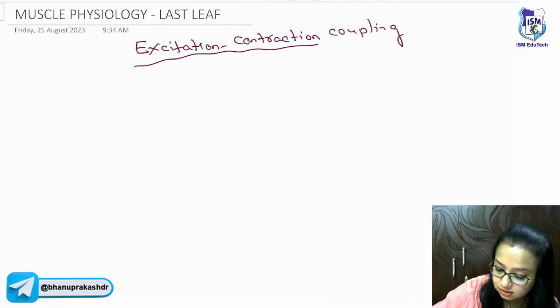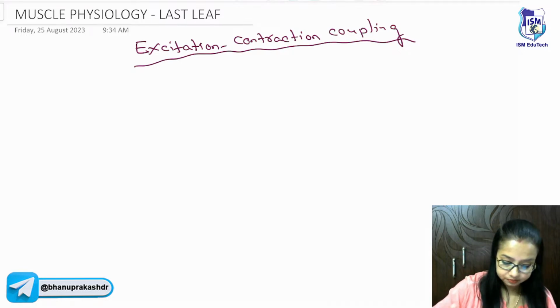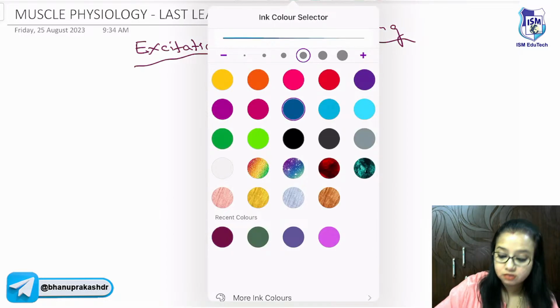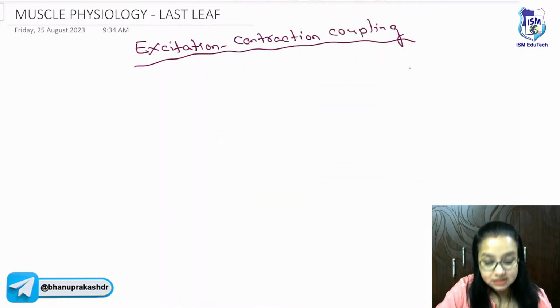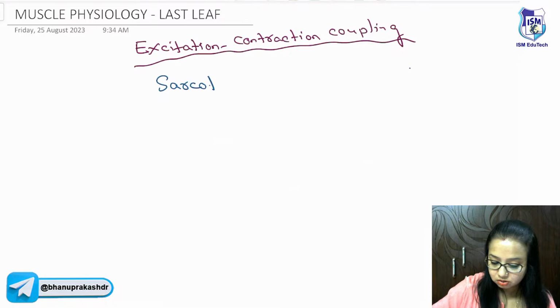To understand the concept of this excitation, contraction, coupling, we need to start with the understanding of a structure which is specialized in the skeletal muscle, and it is the sarcotubular system.